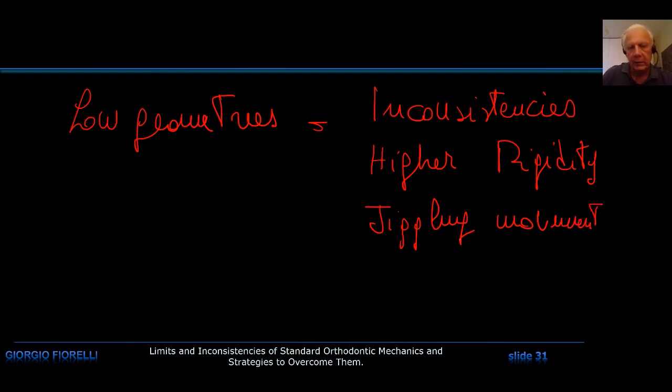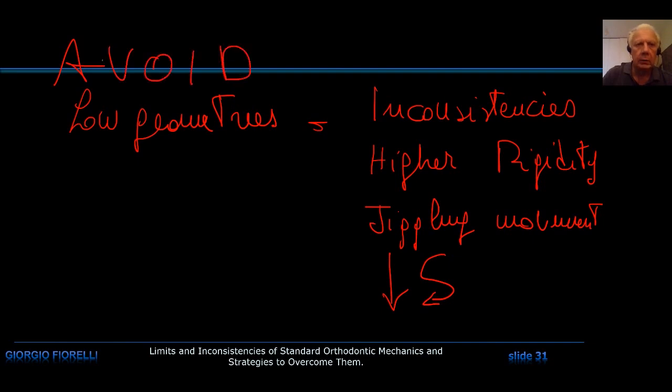Remember when I was telling you, and we have seen this canine that instead of going in this direction was doing something like that. So for this reason, unless the amount of malalignment is very, very small, I try to avoid low geometries.